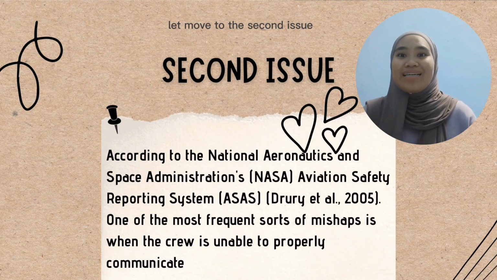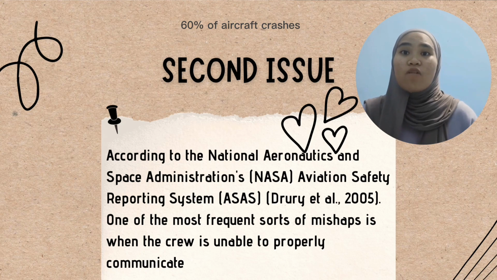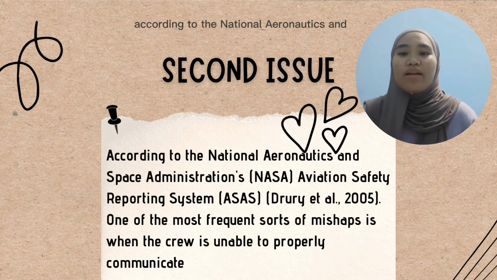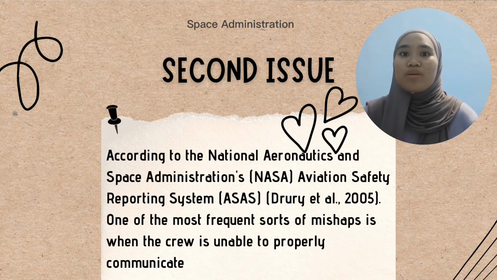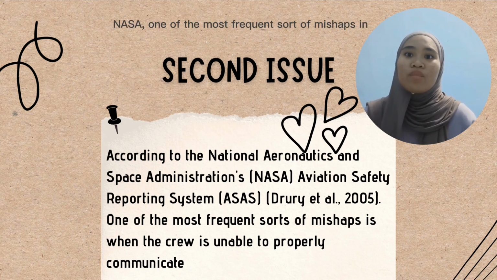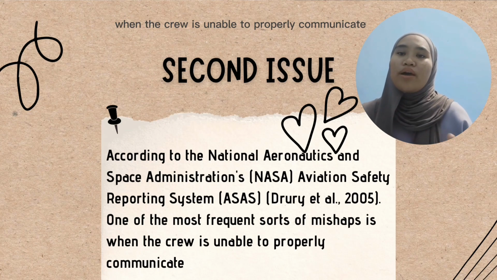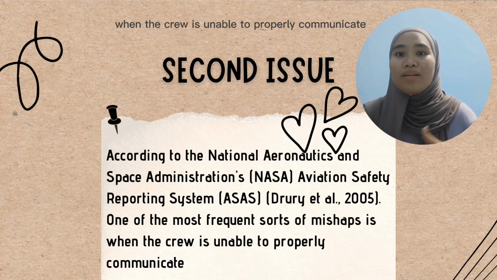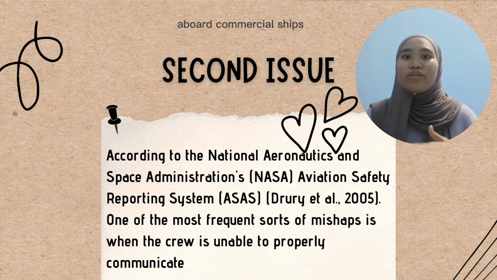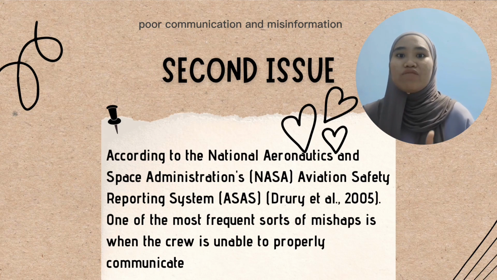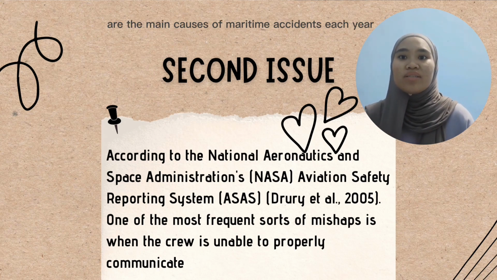Let's move to the second issue. 60% of aircraft crashes were brought on by human mistake. According to the National Aeronautics and Space Administration, NASA, one of the most frequent sorts of mishap is when the crew is unable to properly communicate. Aboard commercial ships, linguistic problems, poor communication and misinformation are the main causes of maritime accidents each year.